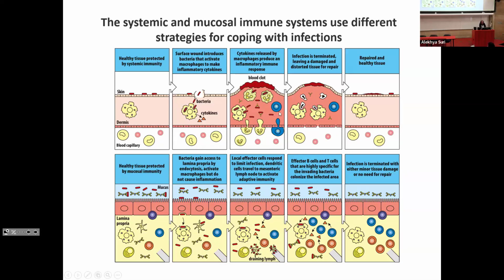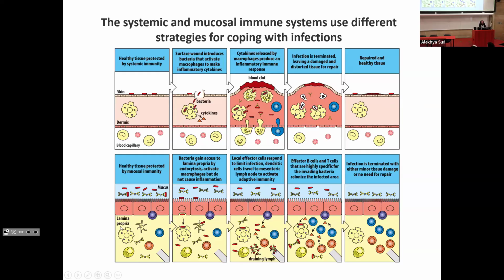Cells will come to the site of infection. Infection is terminated, and the tissue is repaired, and then it comes back to the healthy state, right? So normally nothing is going on. An immune response is initiated only if there is an infection and that needs to be cleared.